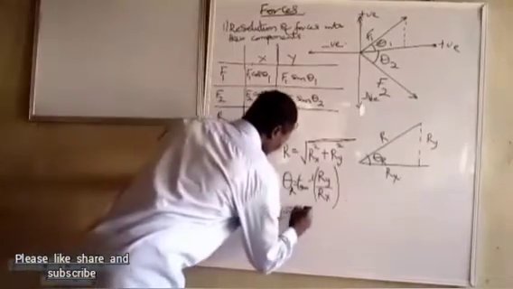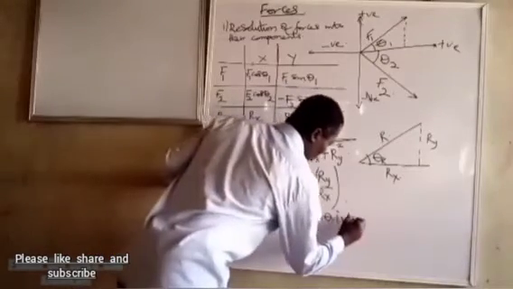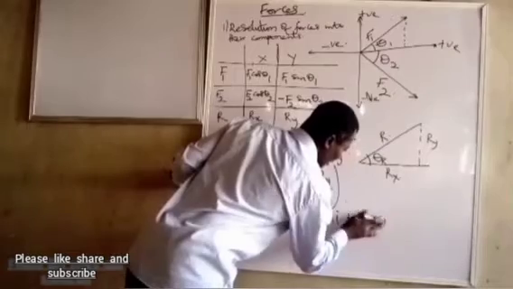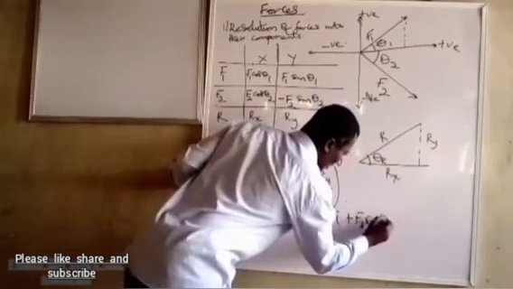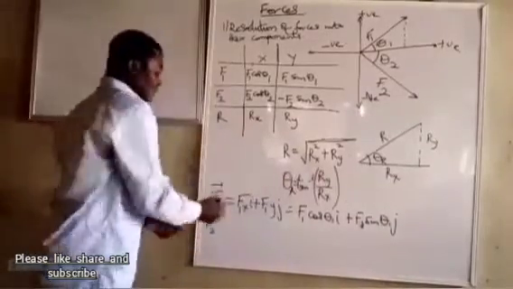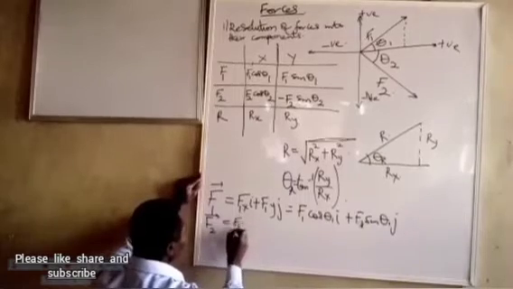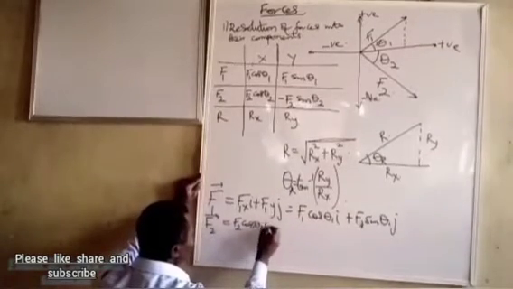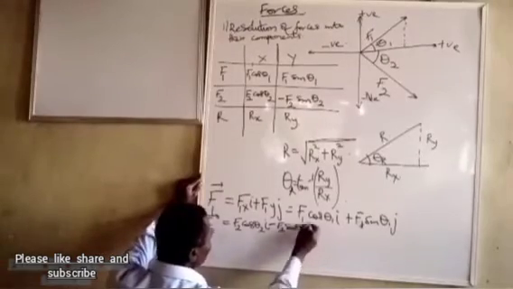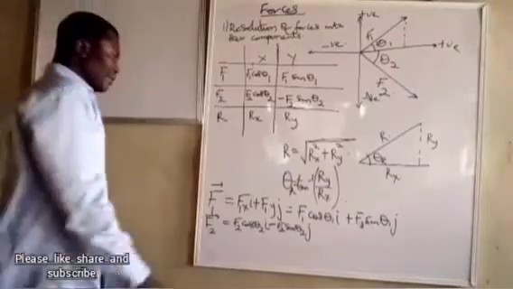It will be F1 cos theta 1 i plus F1 sin theta 1 j. For F2, we express it in this vector format. It's going to be F2 cos theta 2 i minus F2 sin theta 2 j. You can see. Please refer to the lecture on scalars and vectors. You get it far better.